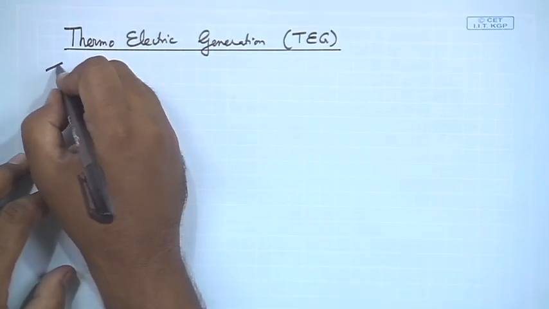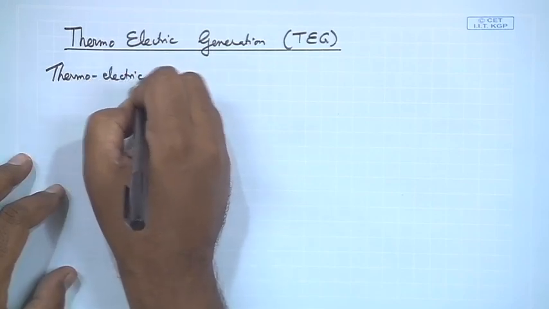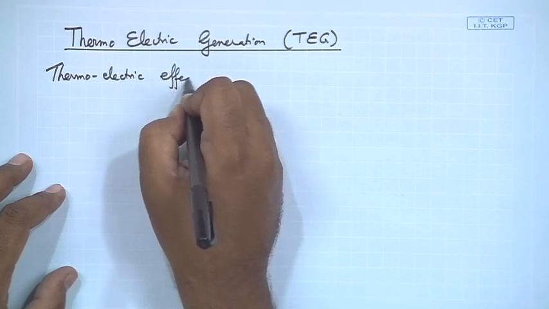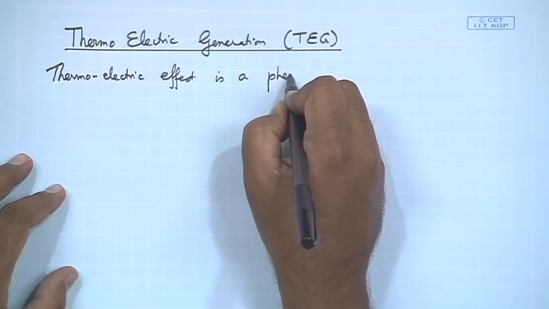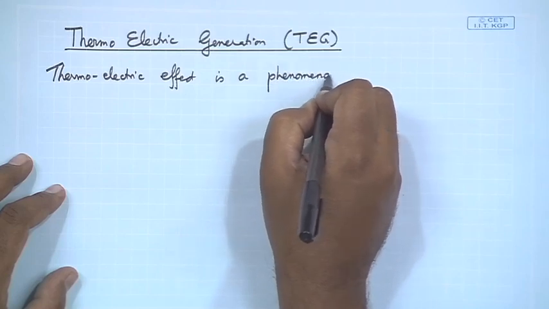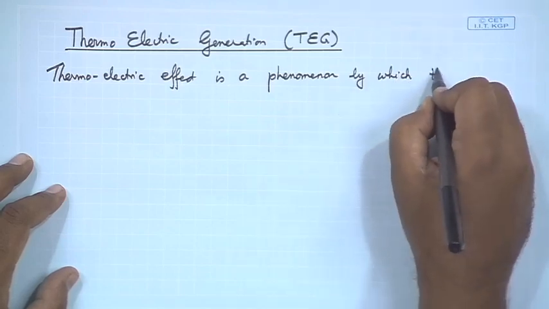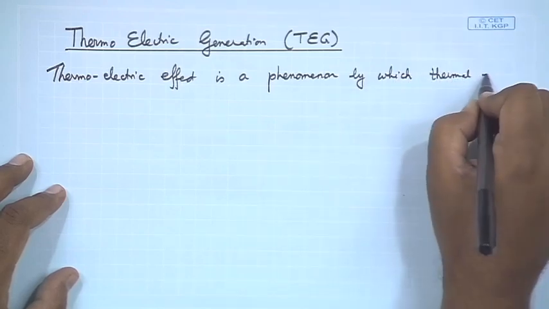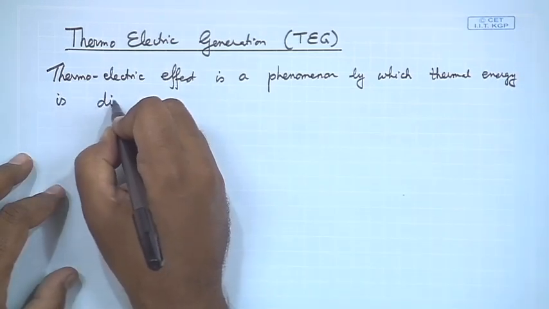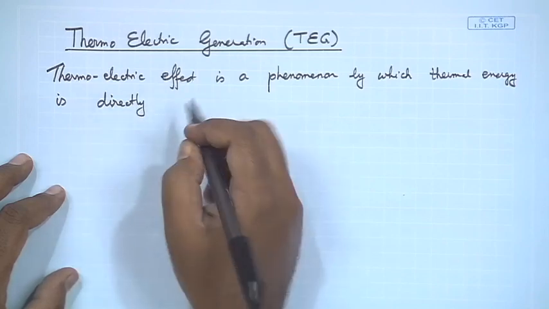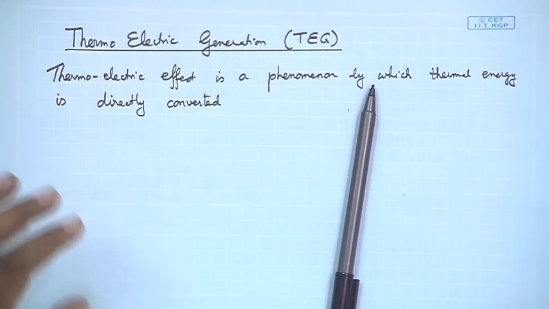So, let us write it down: the thermoelectric effect is a phenomenon by which thermal energy is directly converted to electrical energy. This word directly is very crucial here, so let me underline that.